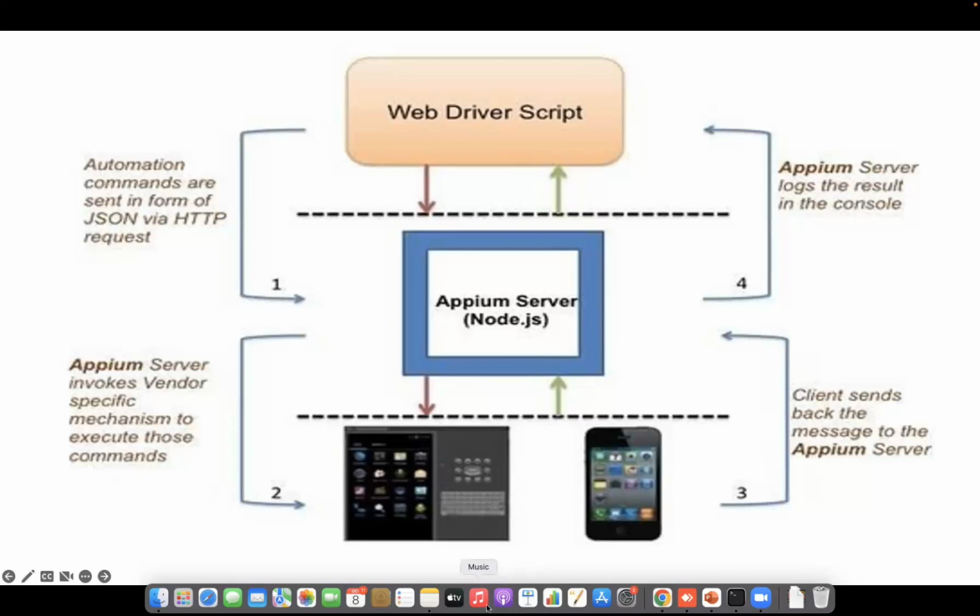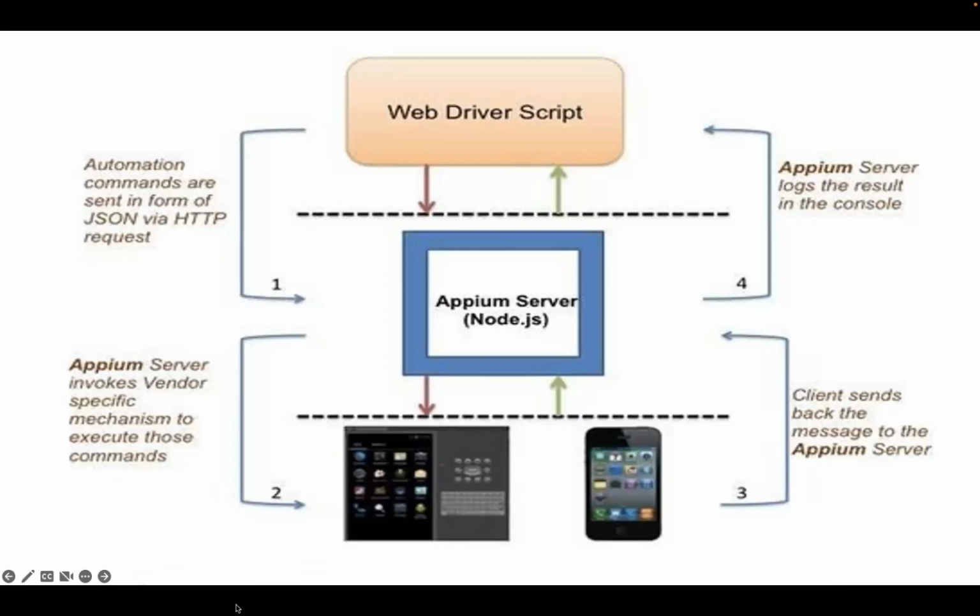See here, written in point number 2, the Appium server invokes a vendor specific mechanism to execute those commands. The third point is the client sends a message back to the Appium server. It means the real device sends the response back to the Appium server. And the fourth point, the Appium server logs the result in the console. So we will be able to see the results in the console or in the Appium server itself.